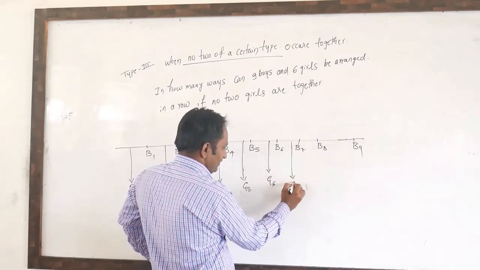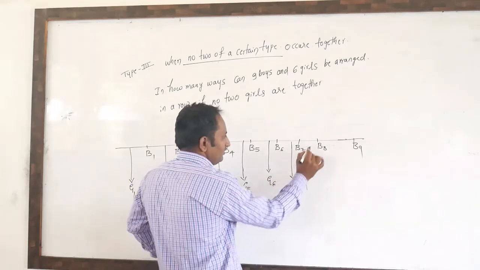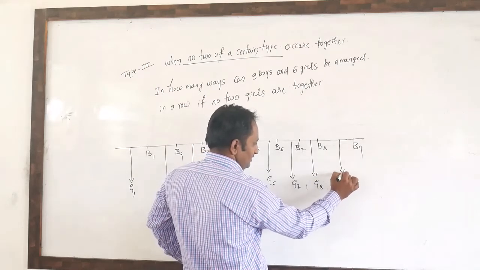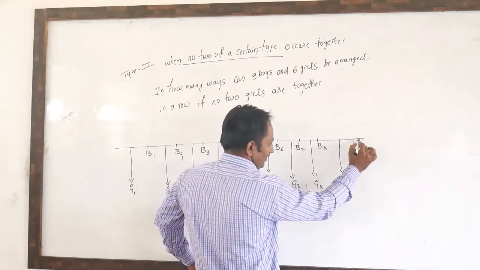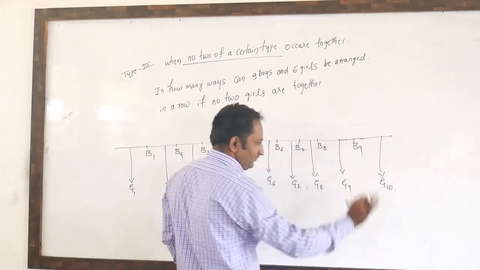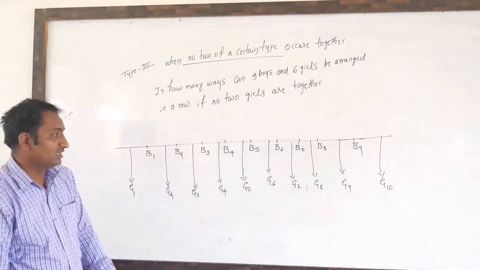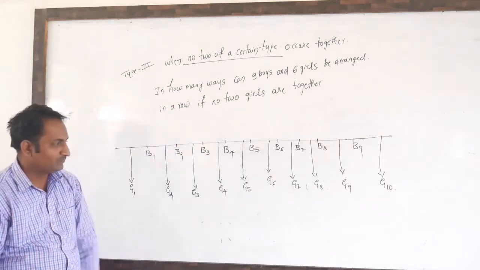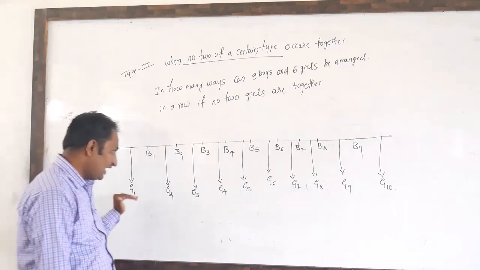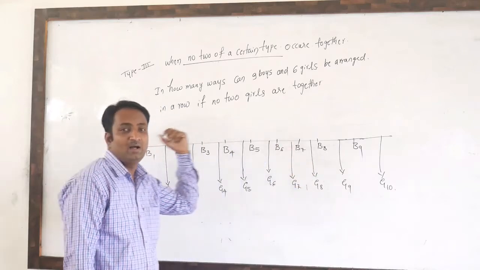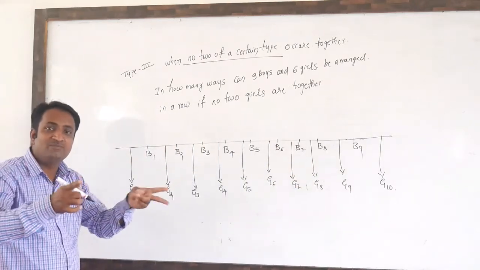This is the seventh way, this is the eighth way, this is the ninth way, and finally this is the 10th way of substituting girls in between the boys. Here there are 10 possibilities to substitute girls in between the boys.